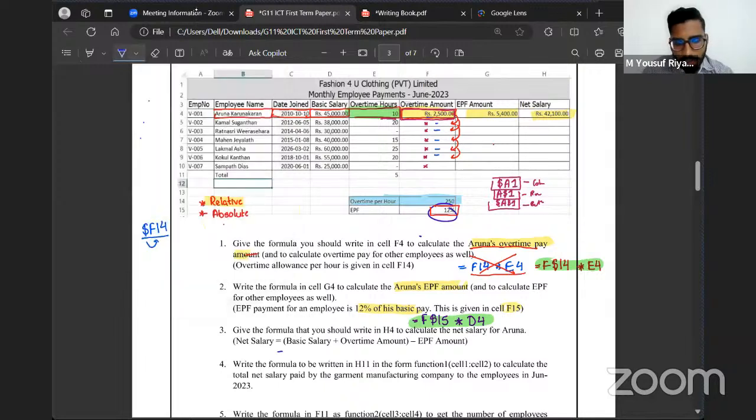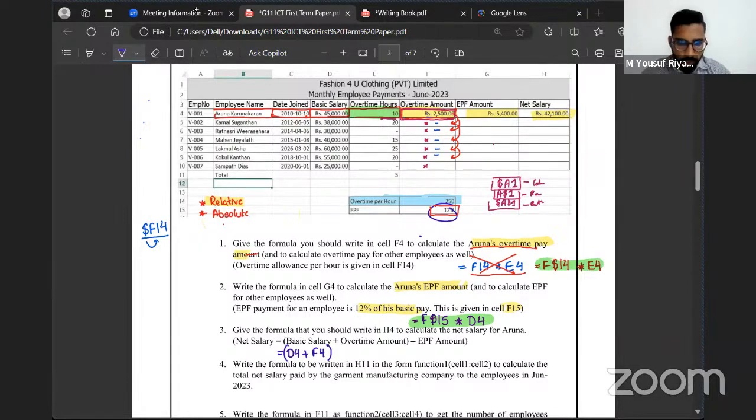Basic salary is there in which cell? Anura's basic salary is there in the cell D4. Open brackets D4. Anura's overtime amount is there in which cell? Exactly, overtime amount we found is the F4 cell. So D4 plus F4, then close the bracket.